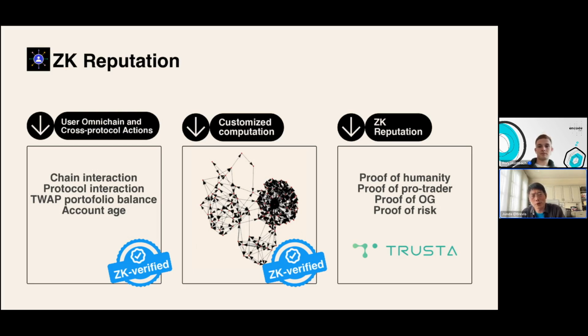ZK media score or ML media score. And with that score, think about all the lending protocols, right? You could have a lower collateral. In practical terms it could still be over-collateralized, but the ratio could be significantly lower, right? For those with good reputation, with a higher score.